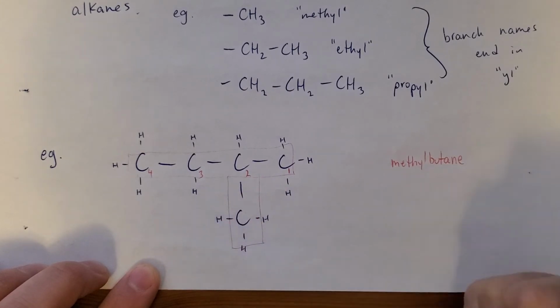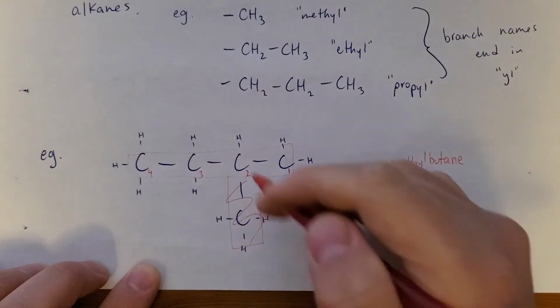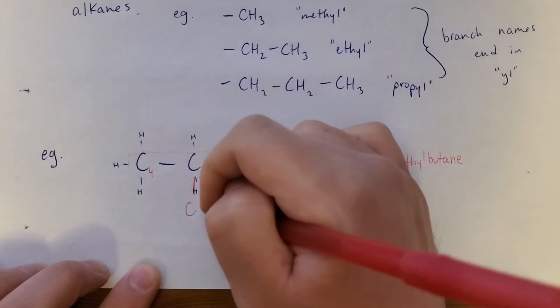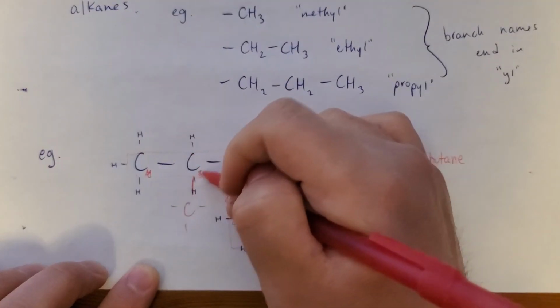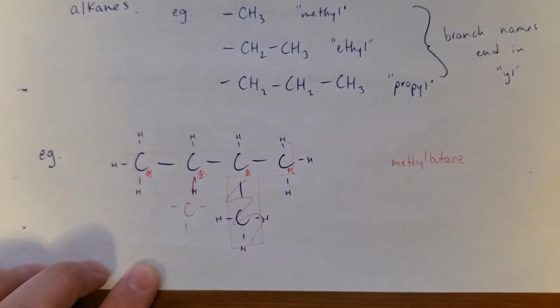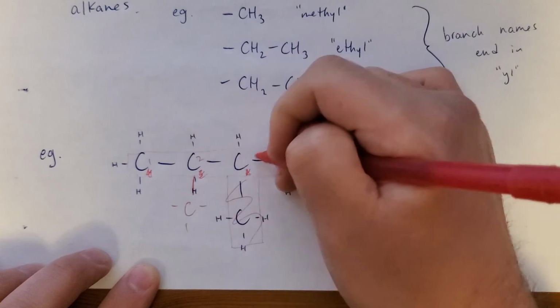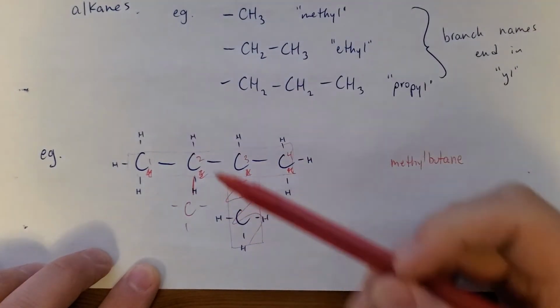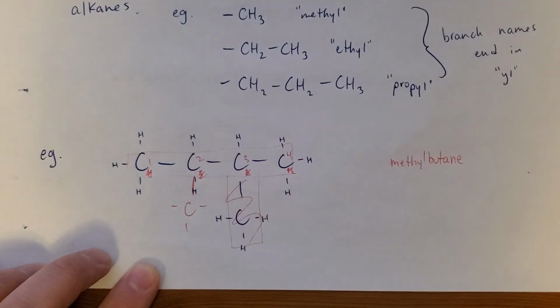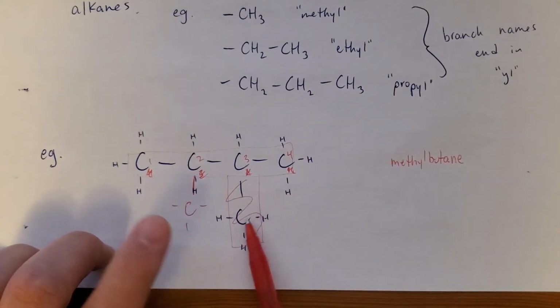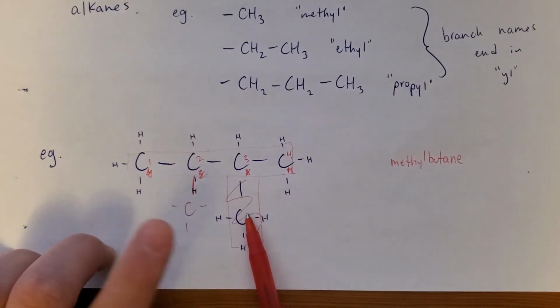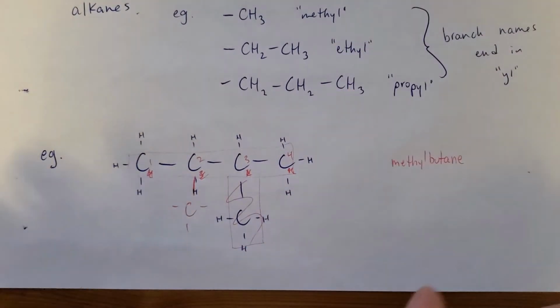Think about it for a sec. So let's forget about this branch and then put it here. Then that would change our numbers to 1, 2, 3, 4, and it would be 2-methylbutane, which is what we said this was.